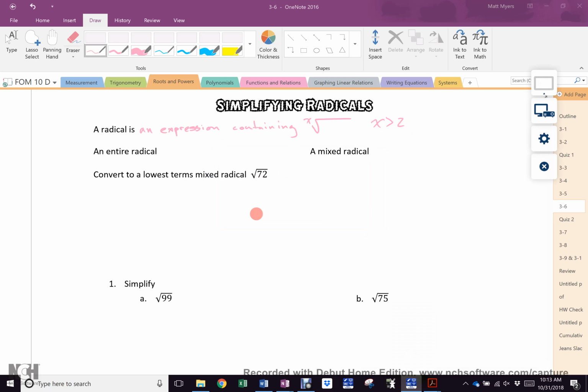Everybody good? Okay. Now down here, there's 2 things happening here. There's an entire radical. An entire radical is this: x root y. There's some root of this. And I'm going to give proper names to this in a minute. Okay?